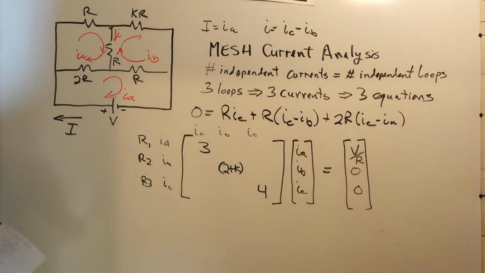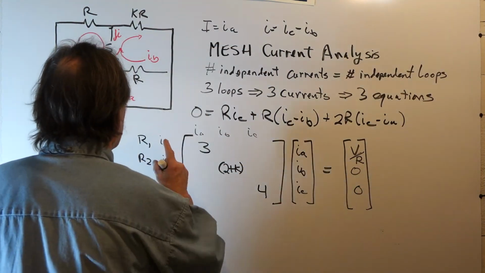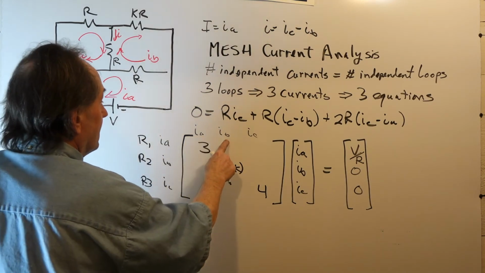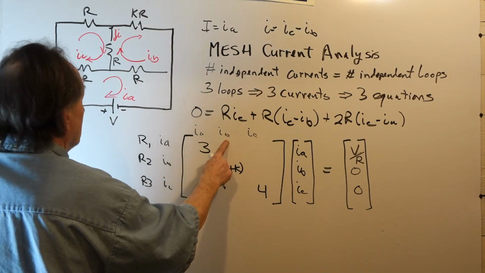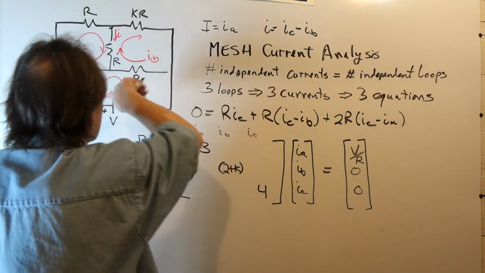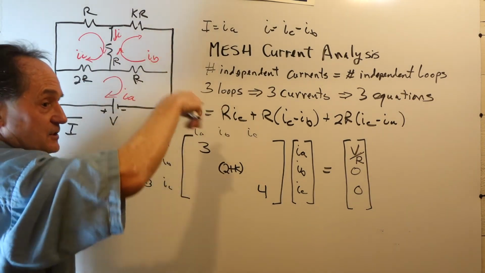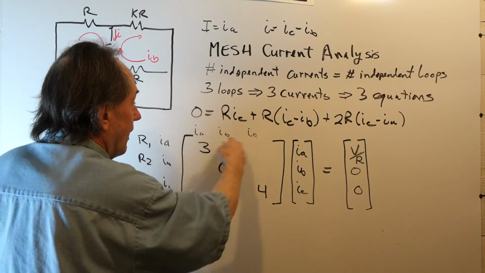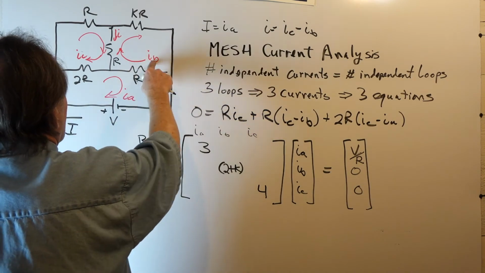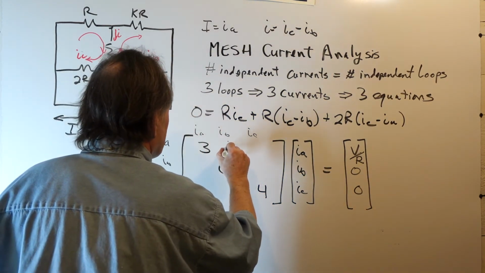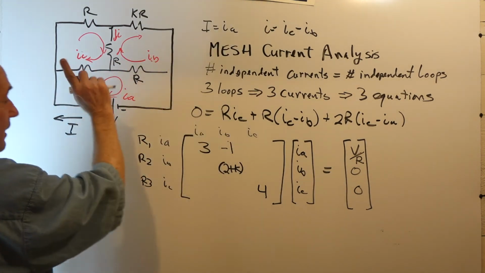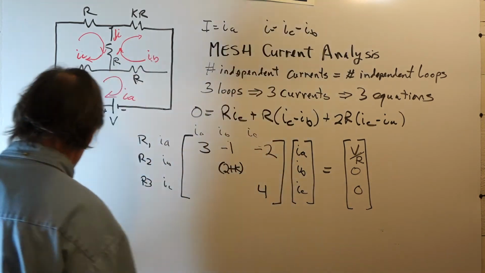Now, what about the off diagonals? Well, this entry is current IA common to the IB loop. So IA common to the IB loop is just R, and because I chose the circulations to be the same orientation, all the off diagonals are going to be negative. So IA common to IB is 1R, so that entry is -1. IA common to the IC loop is 2R, so the coefficient is -2.